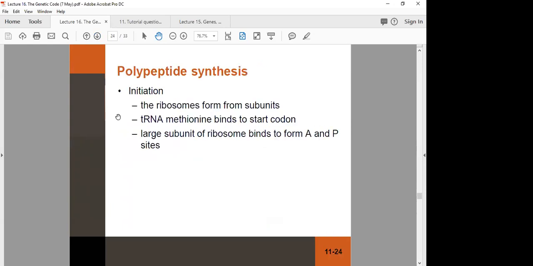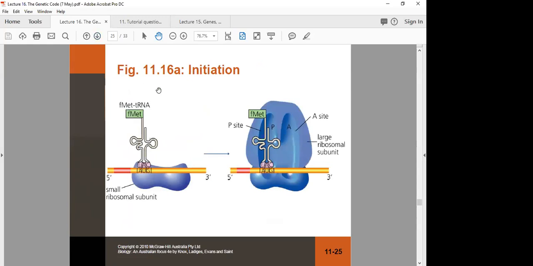All right, now we can start with translation. And there are 3 phases within translation. The first one is called initiation. Let's look at that on the next slide. Initiation of translation. So it starts here with the small ribosome subunit. It has bound our messenger RNA molecule.